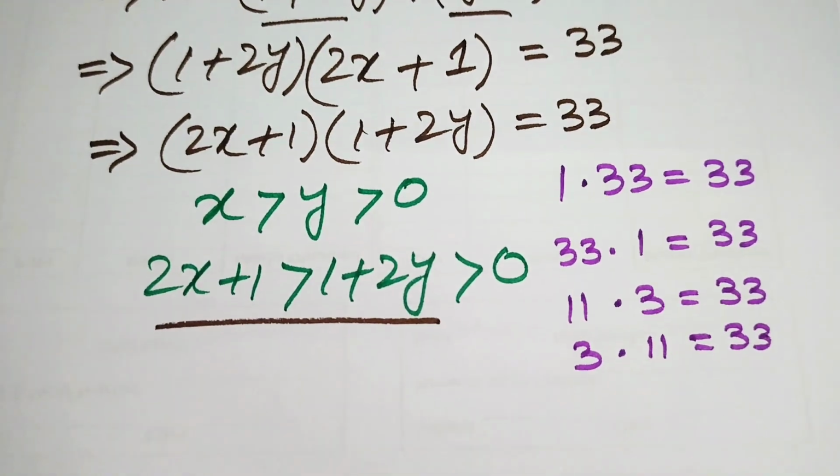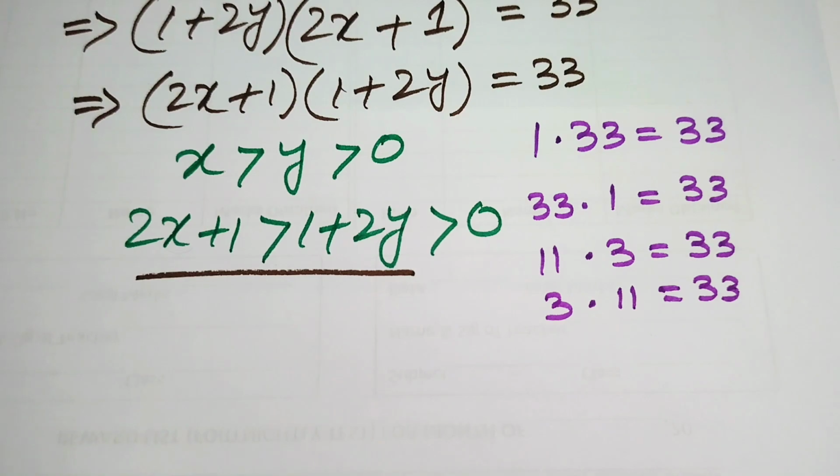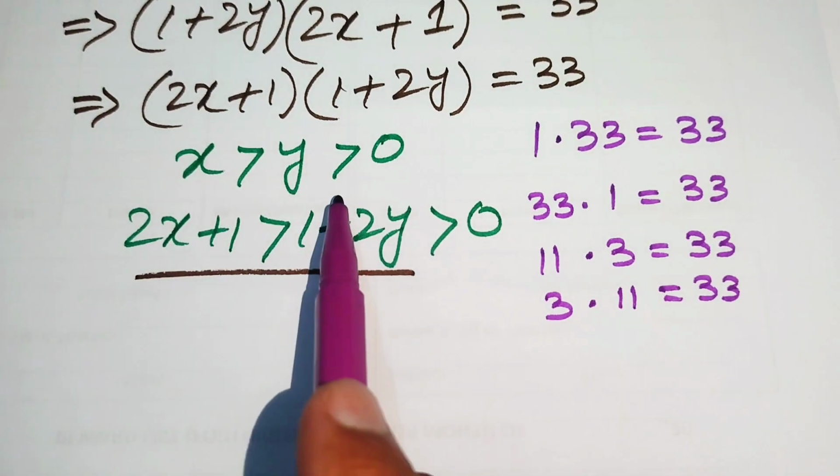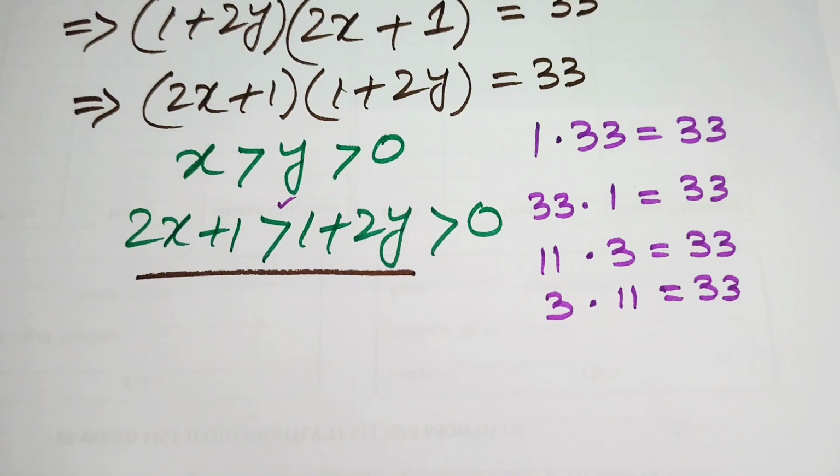These are the possibilities. Now we choose those that satisfy the condition, meaning the first value is greater than the second value.